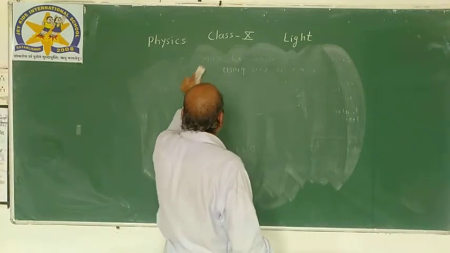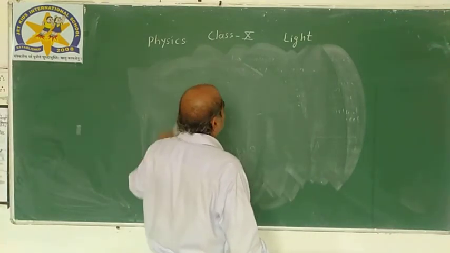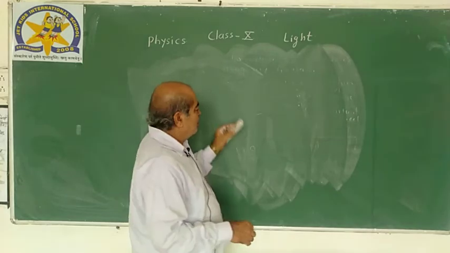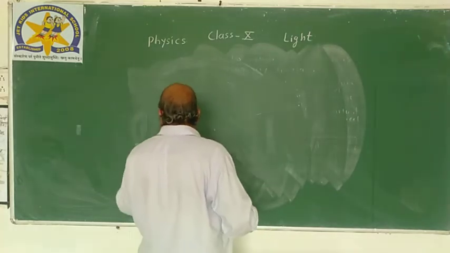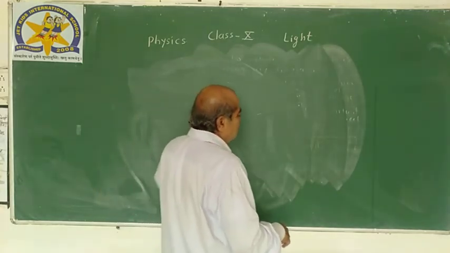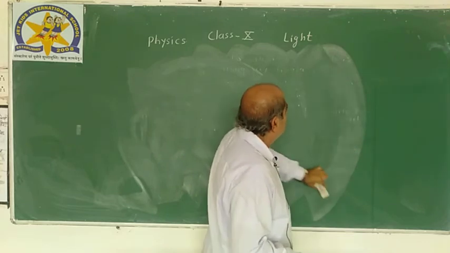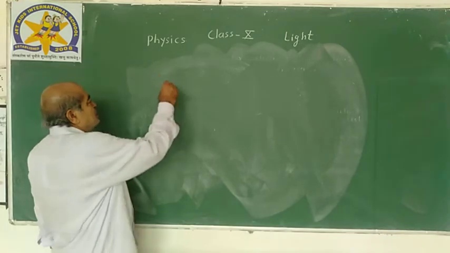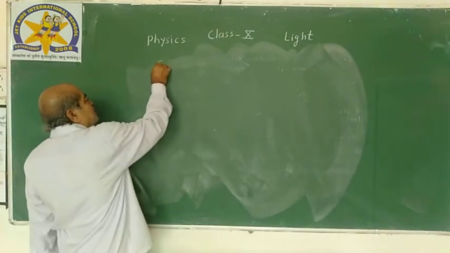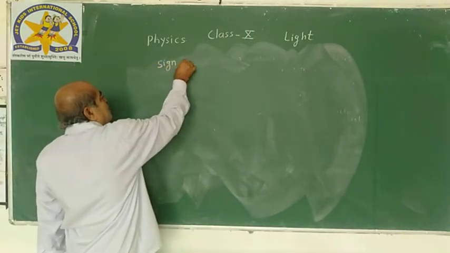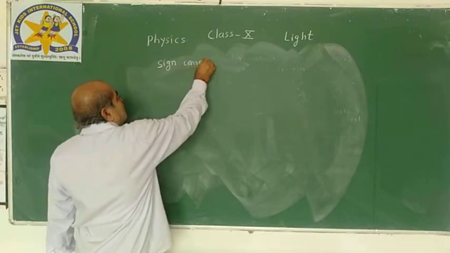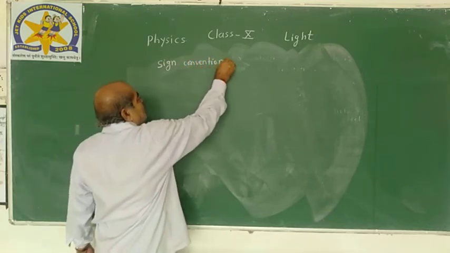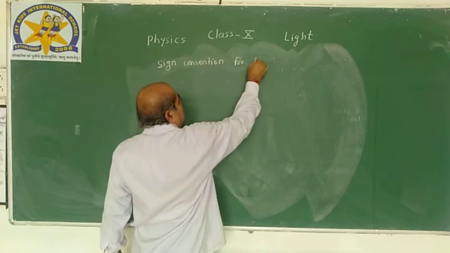Then the image forms in the concave lens. Now today, similar to that of the mirror, there are certain rules for the sign convention. What are the sign conventions for the lens?